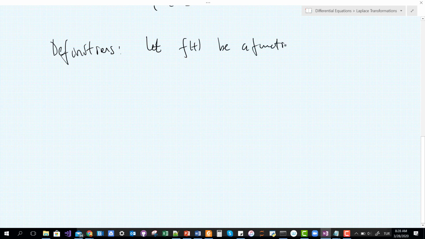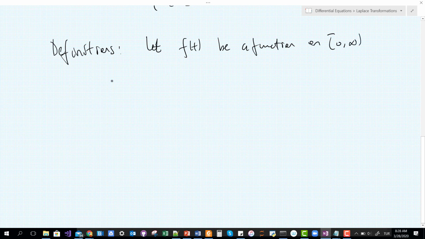Let me give you the official definition to look at closely. Let's say I have a function f defined on this interval.